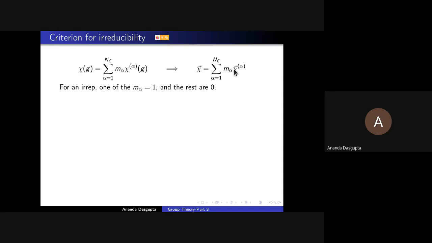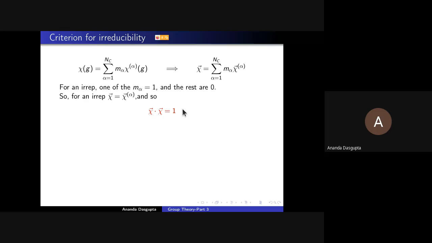If it's an irrep, then only one of the M alphas will be exactly 1, because that irreducible representation occurs once, and all the other M alphas will be 0, because the other irreps will not show up. Now, if you take the dot product of this chi with itself, chi dot chi is of course chi alpha dot chi alpha, and that will be 1.